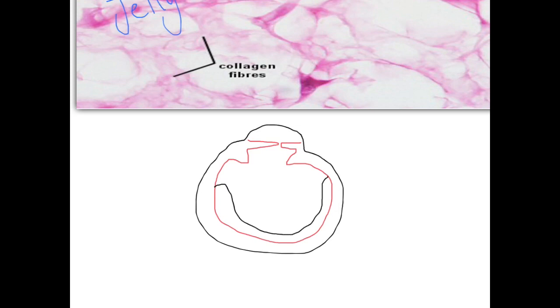Here we have the lens joined by fibers to the ciliary body. What is important to us at this point is the presence of the mucoid connective tissue in this area. In this area it is called vitreous humor, the vitreous humor in the eyeball.